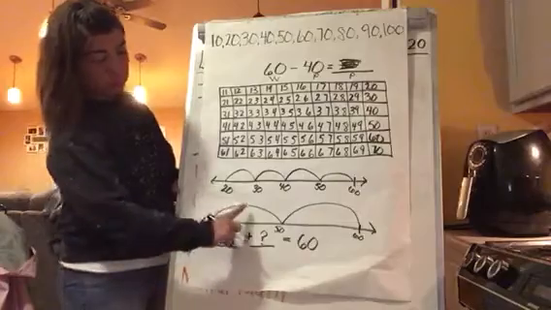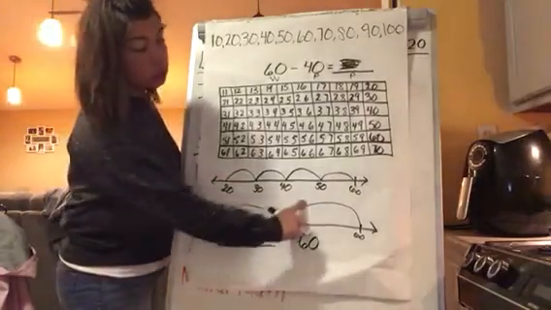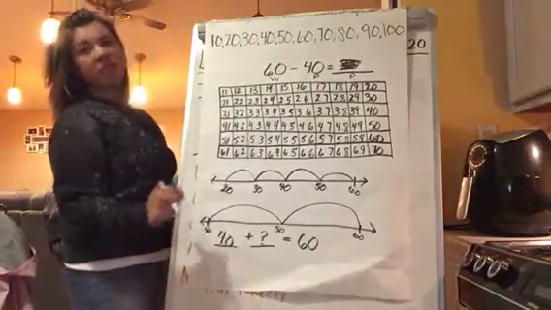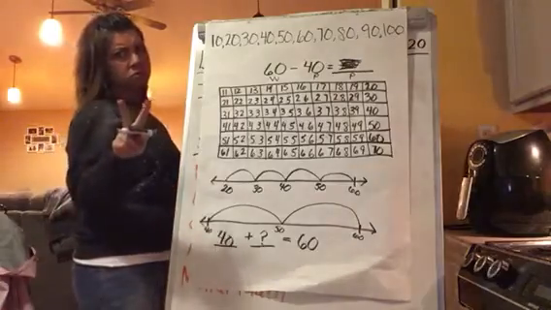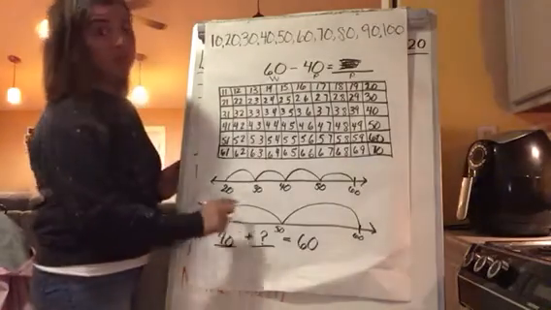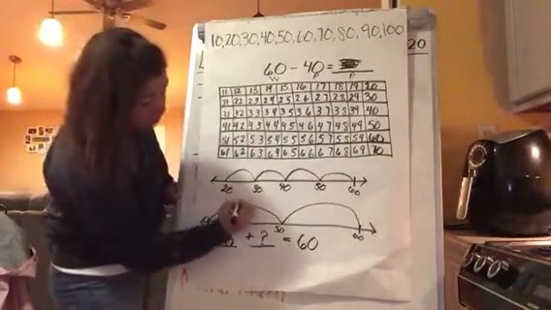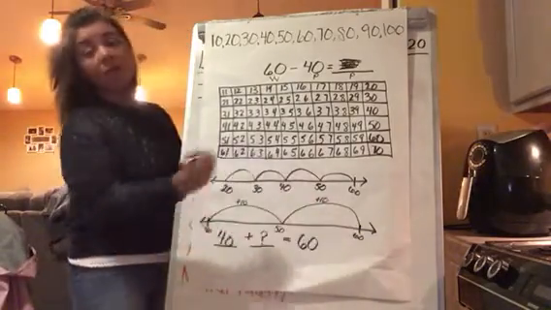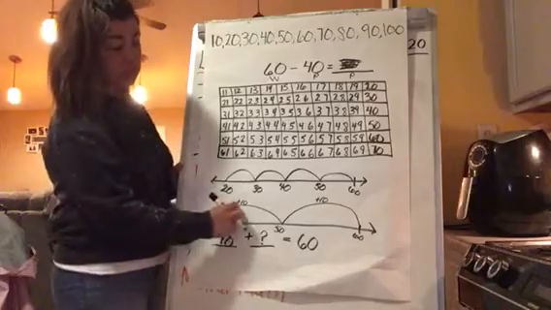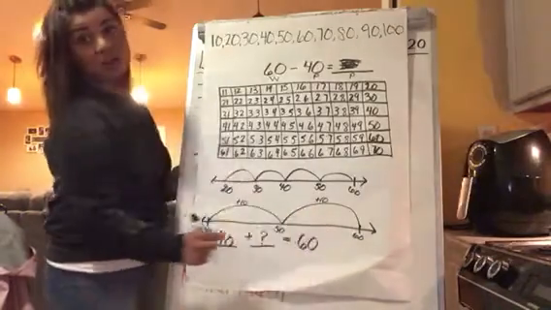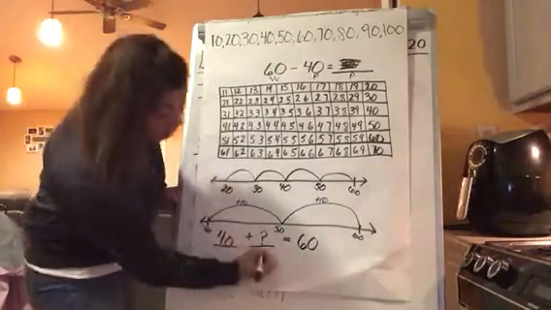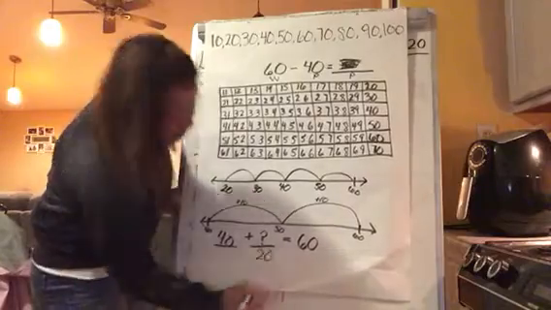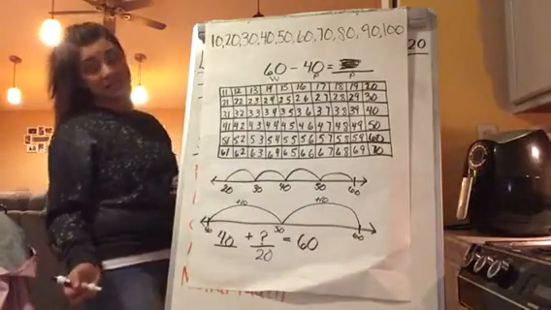Let's count our jumps. 1, 2. So, is that just 2? No, that is 2 tens because each of these jumps are worth 10. Remember, a jump is worth 10. So 10 plus 10 equals, that's right, 20. So our missing part is 20.